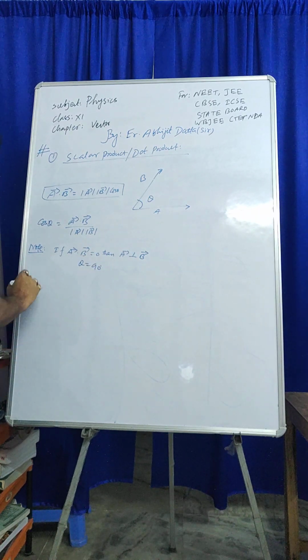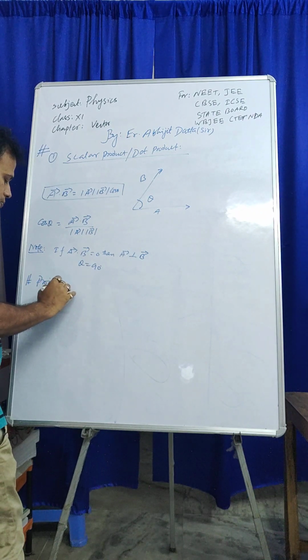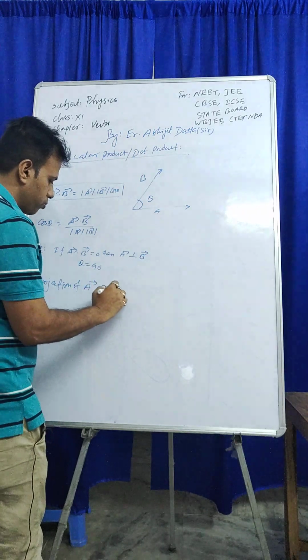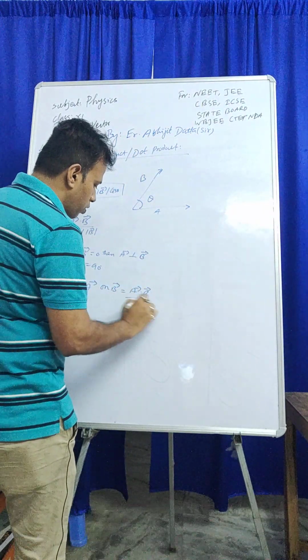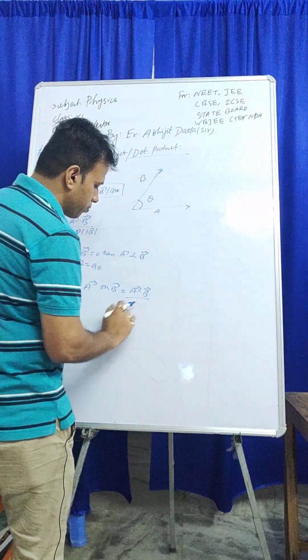Okay, and another formula is related to projection of A vector on B vector, which is equal to A dot B by mod of B.